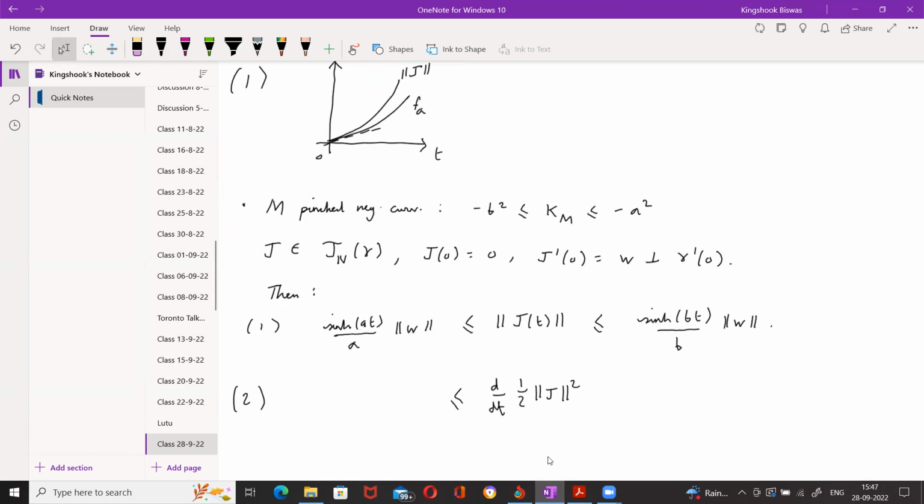So this is greater than or equal to A coth AT into norm JT squared and less than or equal to B coth BT into norm JT squared. Is this okay? Yes, sir.